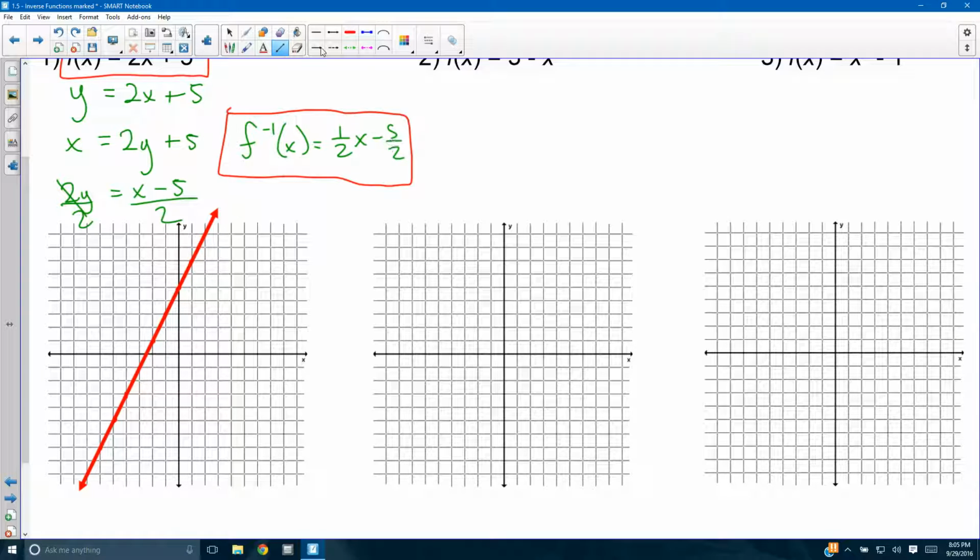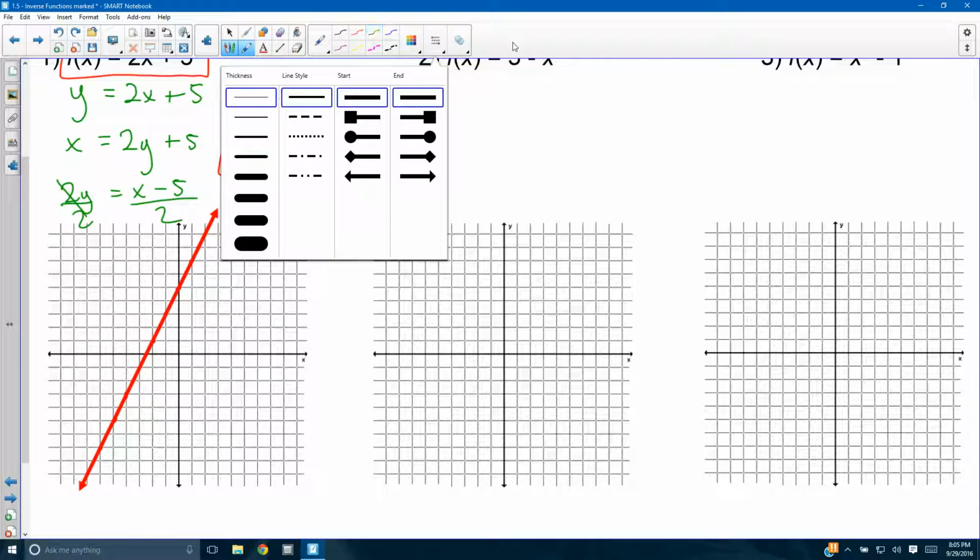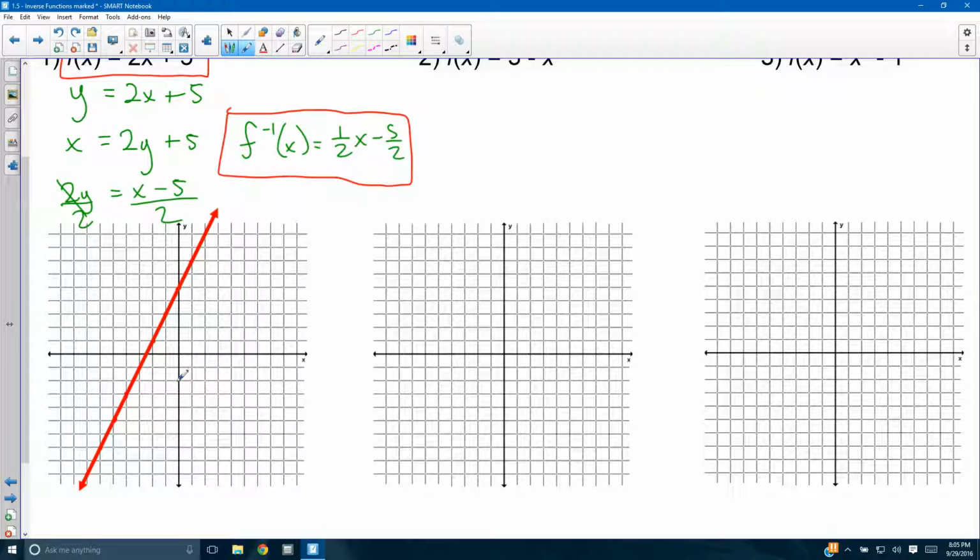Here's 1/2 x minus 5 halves. Now I'm not too pleased about having a decimal or a fraction y-intercept, but I'll still deal with it. Rise 1, run 2, like so. And on this way as well.